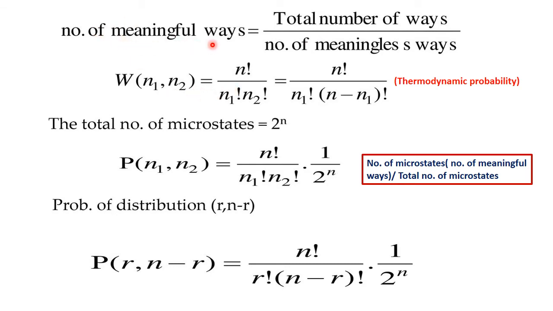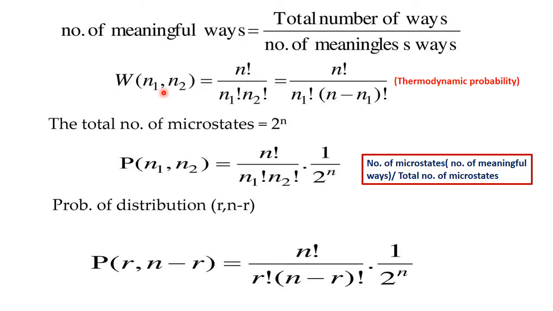What is the number of meaningful ways? The number of meaningful ways is the number of microstates. The number of microstates is always equal to the thermodynamic probability. This we also did in the previous lecture: if we know the number of microstates, we are always able to know the value of the thermodynamic probability.